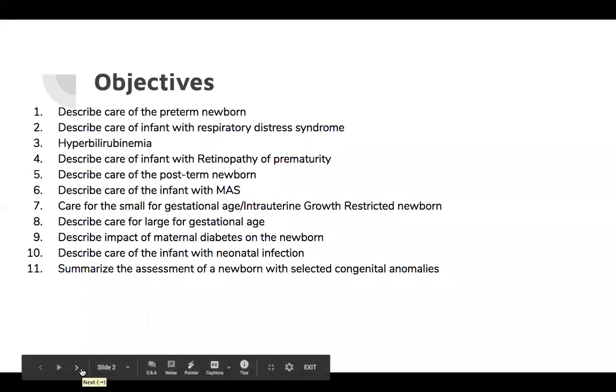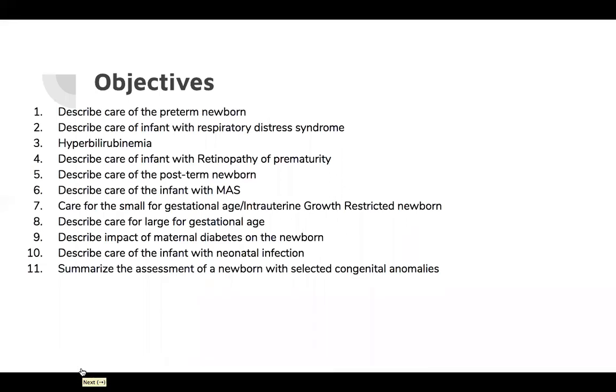So, our objectives: we're going to talk about the care of the preterm newborn and the complications associated with the preterm newborn, such as respiratory distress syndrome and hyperbilirubinemia. We're going to talk about the causes of retinopathy of prematurity. We're going to talk about the post-term newborn, the newborn with meconium aspiration syndrome, and the small for gestational age / intrauterine growth restricted newborn.